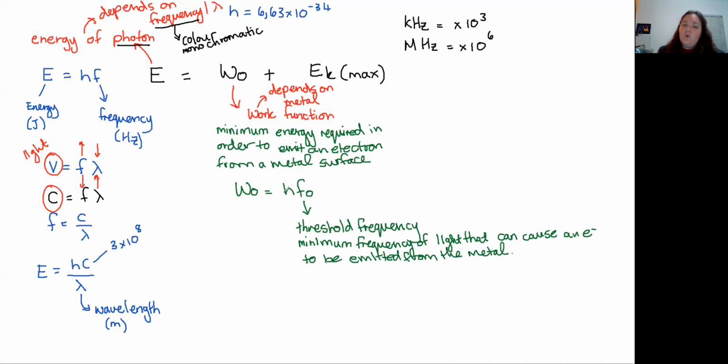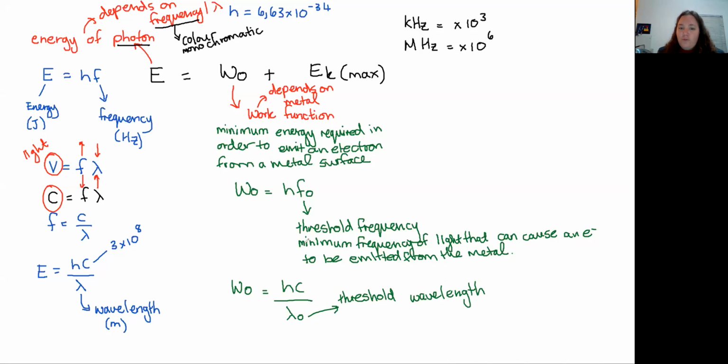All right. Now, once again, because of this equation that we can use, v is equal to f lambda, we may not give you everything in terms of the threshold frequency. There is also a threshold wavelength, although the threshold wavelength is definitely the less popular of the two. And then if we rearrange this, we get W naught is equal to hc over lambda naught, where that over there is the threshold wavelength. And you need to realize that frequency and wavelength always go in opposite directions.